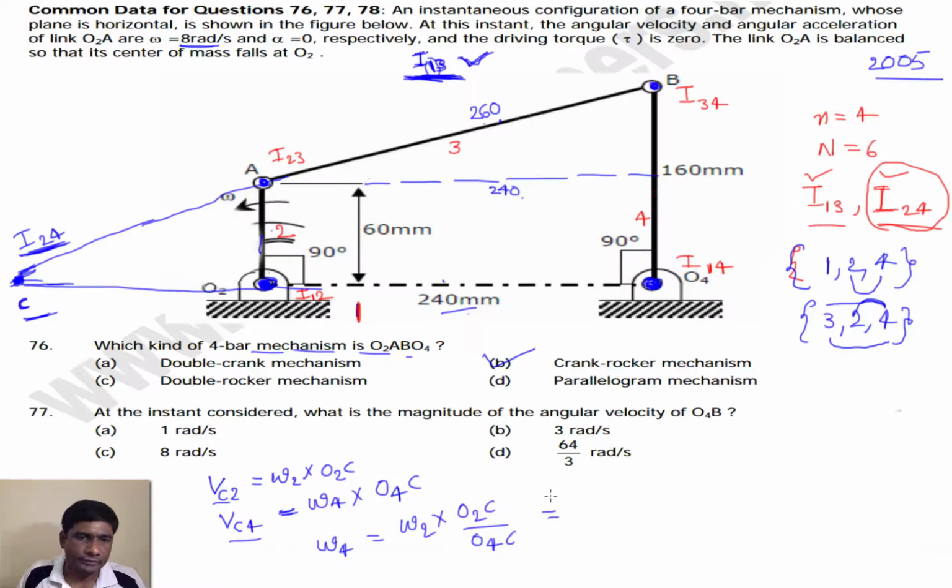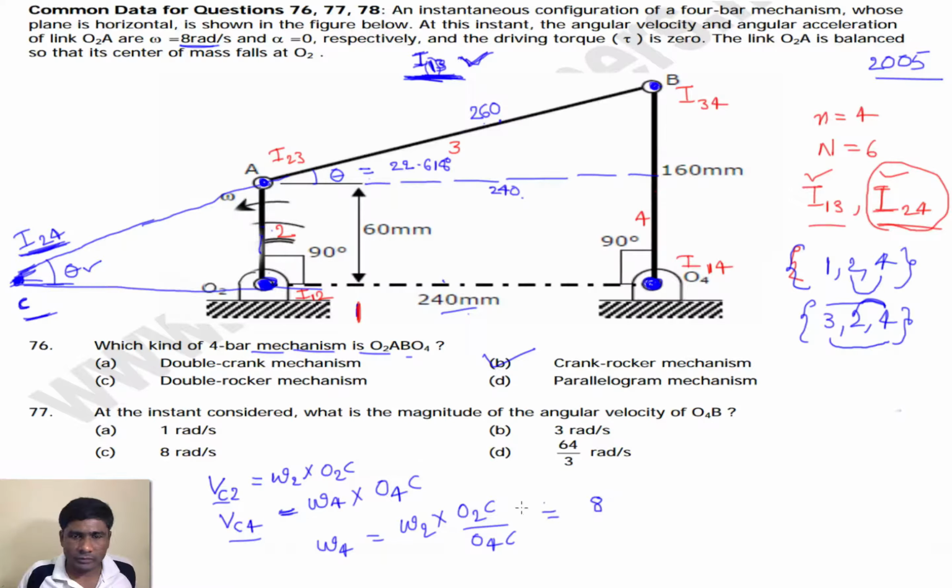So from this triangle, if I consider this as theta, this as theta, I can calculate theta from this triangle. So if I calculate theta from this triangle, it becomes something like 22.618 degrees. So I know this length, so that I know this angle also, so that I can calculate this distance CO2.